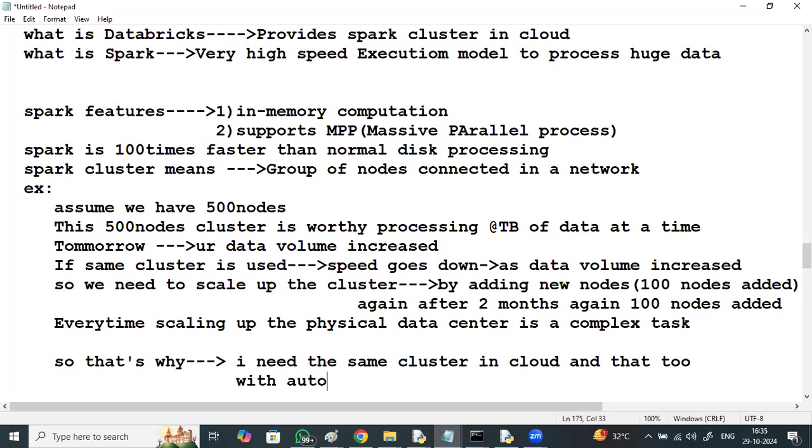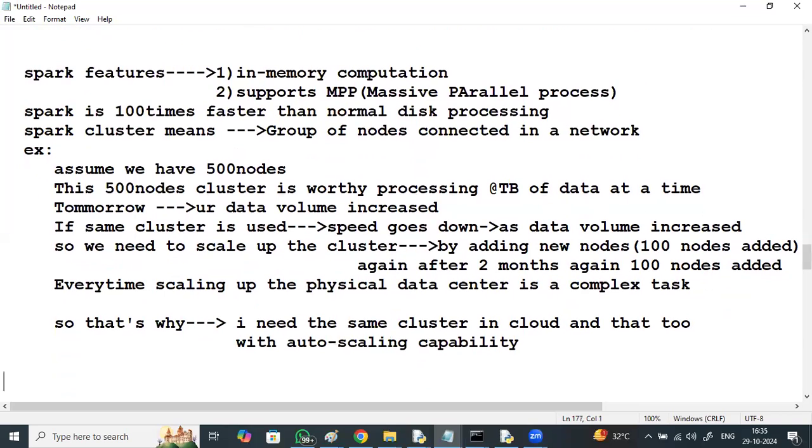Auto scaling means increasing as per the requirement.